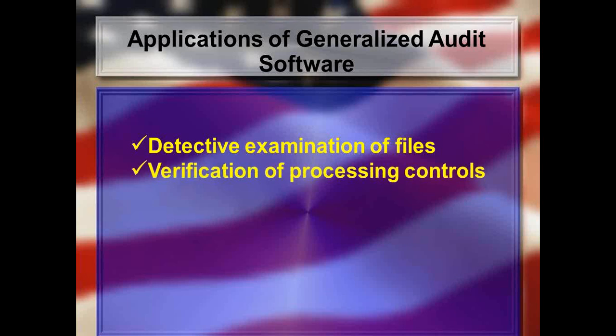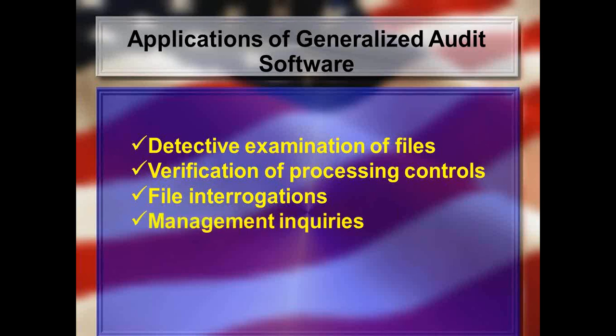If we know that the computer is supposed to make sure that A times B equals C, we can reprocess that using our generalized audit software to ensure that the computations are accurate and complete. We can do straightforward file interrogations, and many managers are now finding that the generalized audit software is very applicable as a straightforward data mining tool. And we're starting to see it being used for management inquiries.